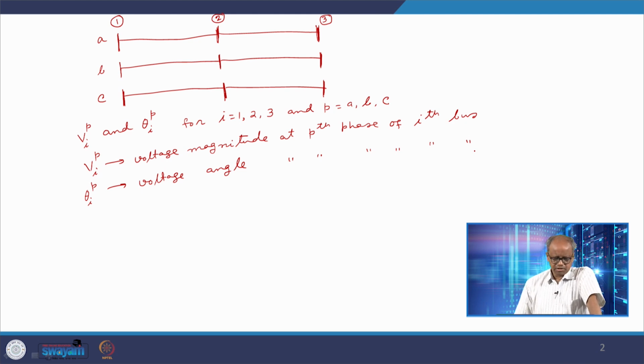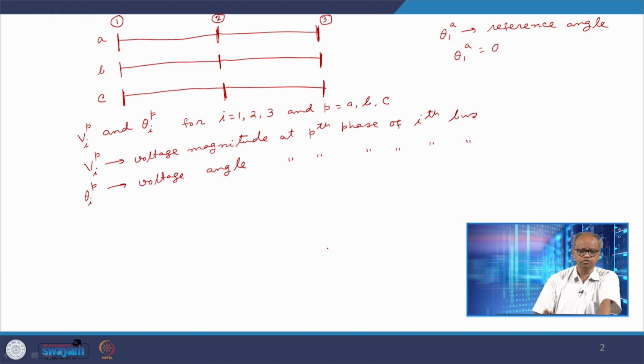When I am trying to estimate the angles, I have to take one reference value. Usually we take theta 1 A to be the reference angle, so theta 1 A is equal to 0.